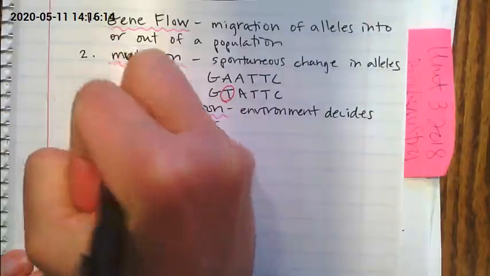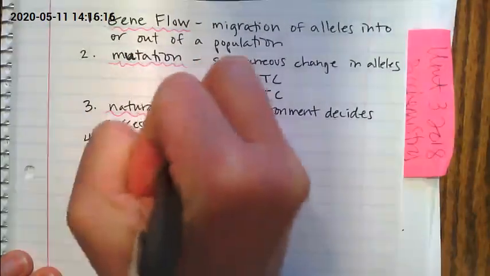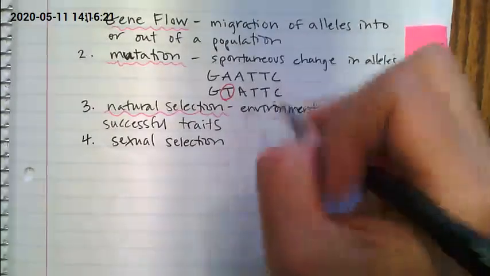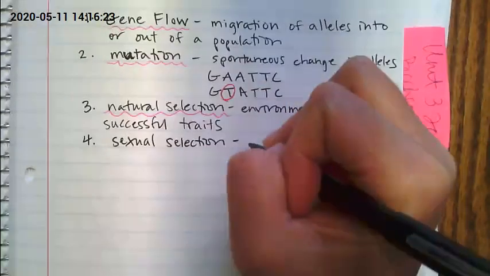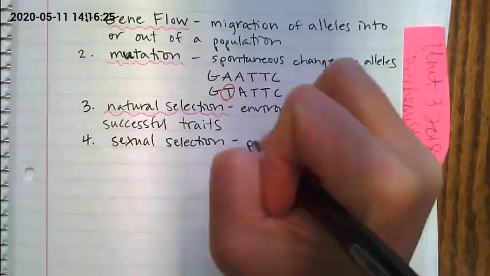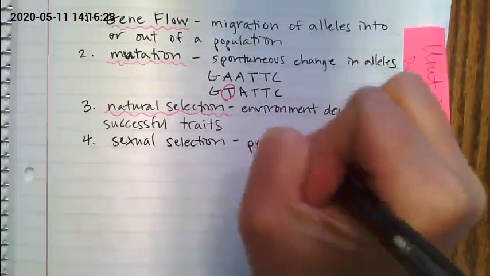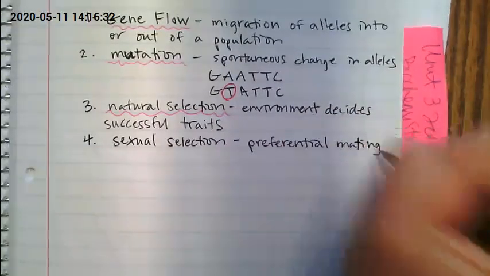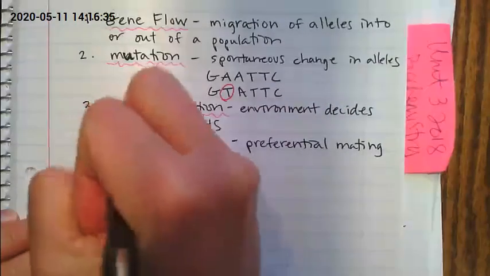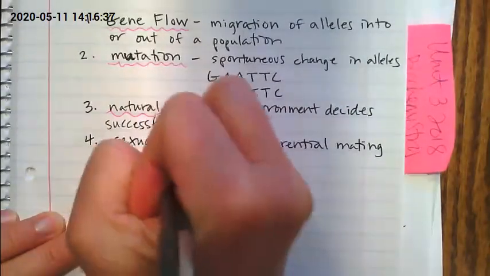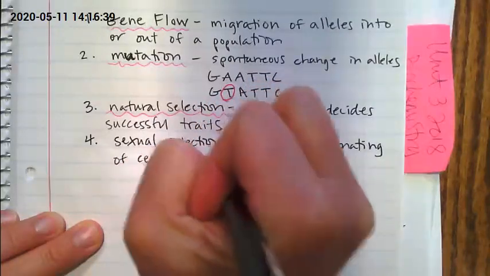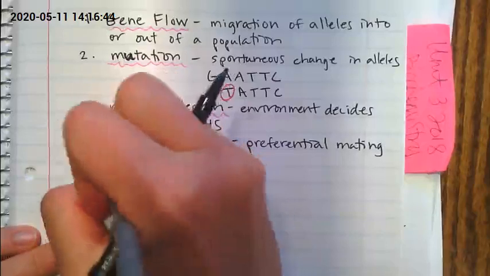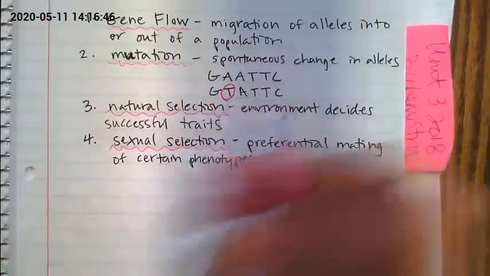There's also something called sexual selection. This is when there's preferential mating of certain phenotypes. You see this in birds a lot, right?